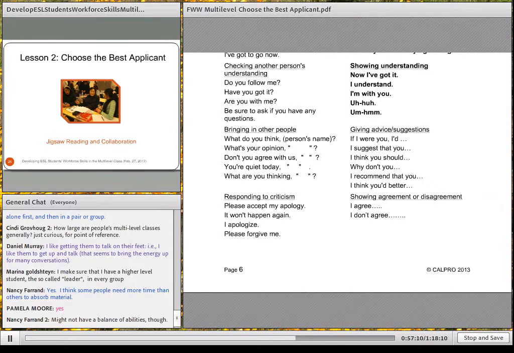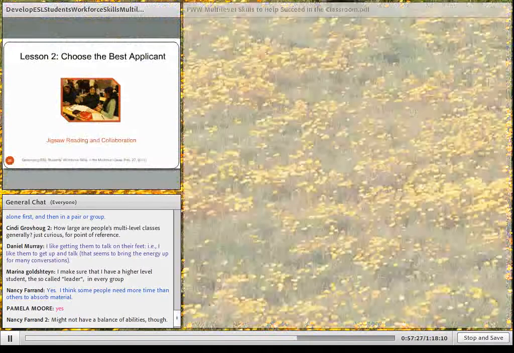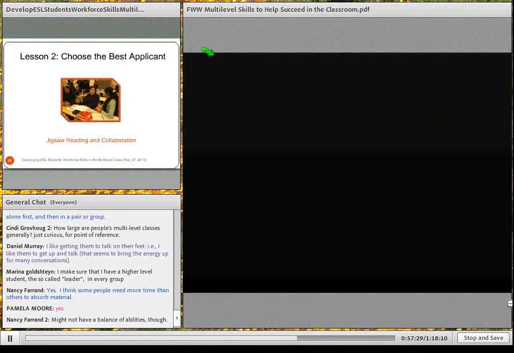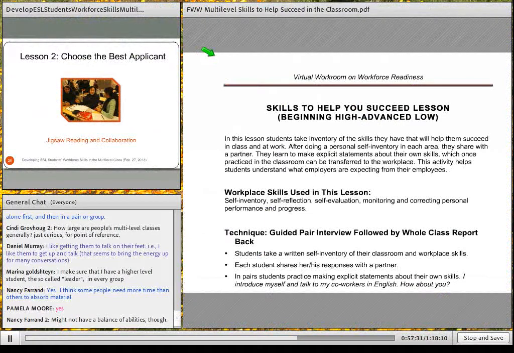All right. Two lessons and a few minutes to go to number 3 and have you participants decide how you would adapt a lesson for your multi-level classroom. All right, so let me go over to lesson 3. And I'm going to show the overview of it up here.